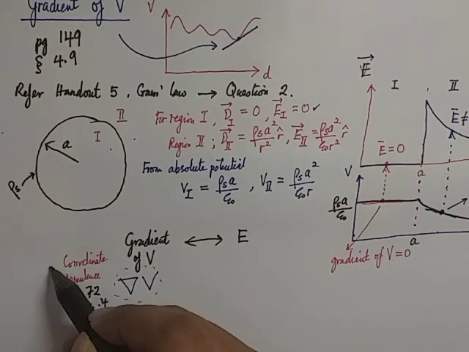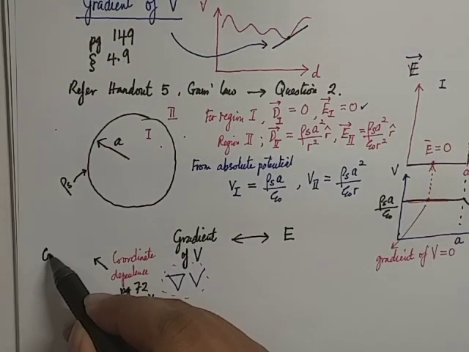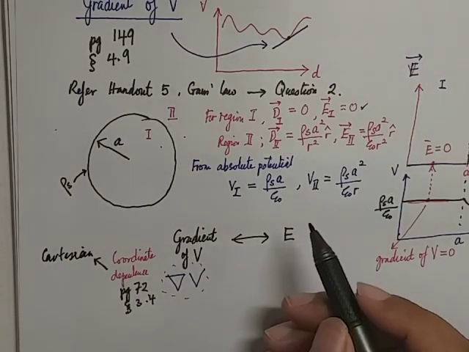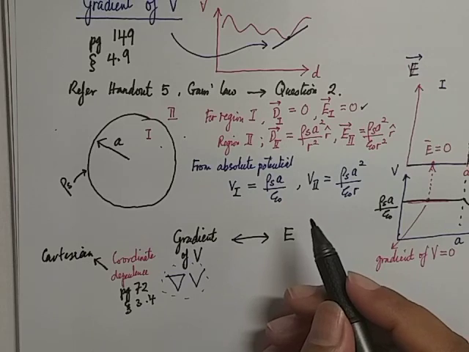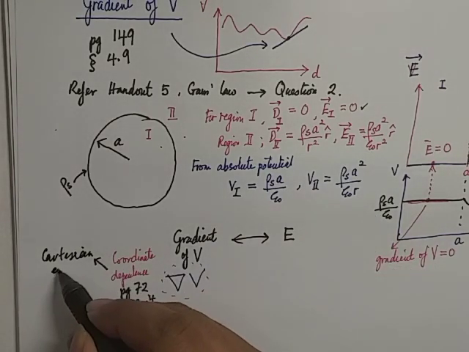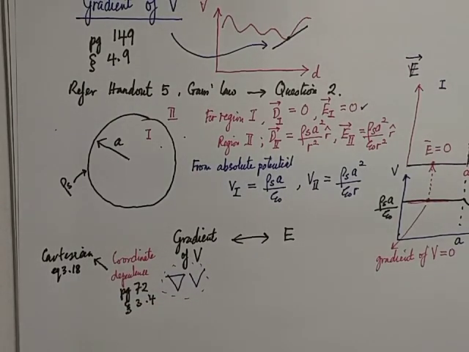When we are dealing with Cartesian, we should use equation 3.18 in section 3.4, which relates this term to Cartesian coordinates.